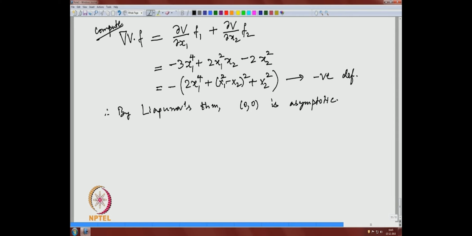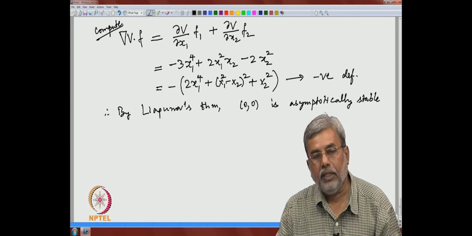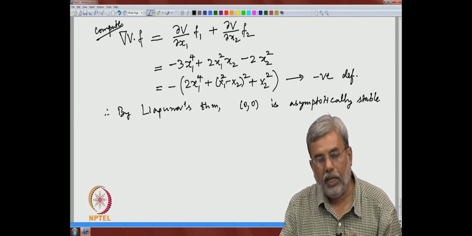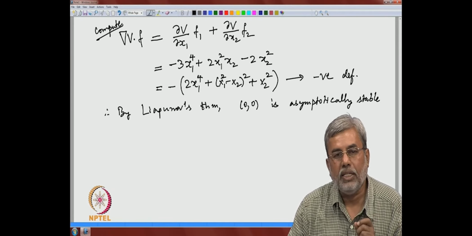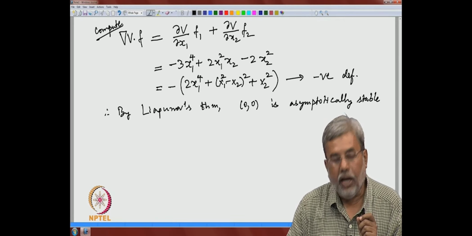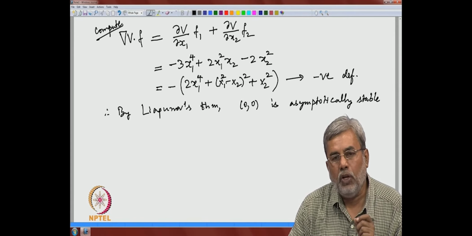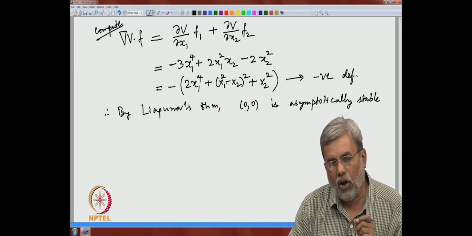So, you see, in all our examples, you also observe that the equilibrium point in question is not hyperbolic. The linearized system always has an eigenvalue, either a 0 eigenvalue or an eigenvalue with real part 0. So, these are all non-hyperbolic.